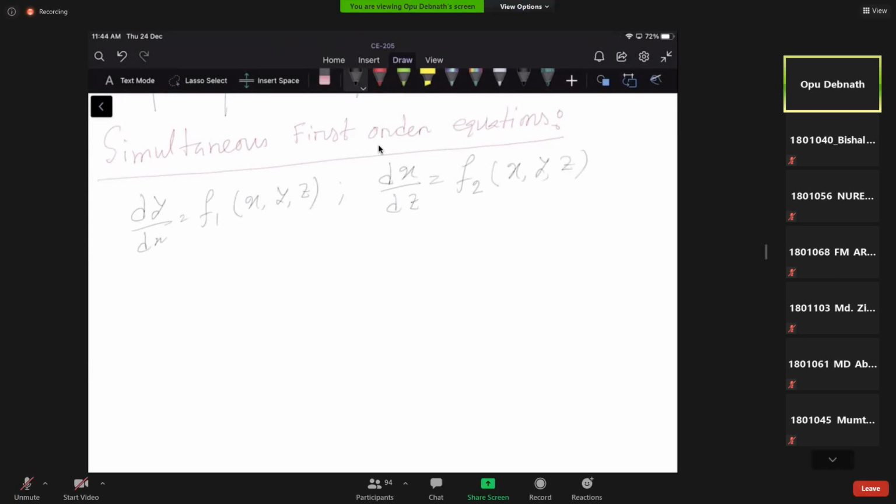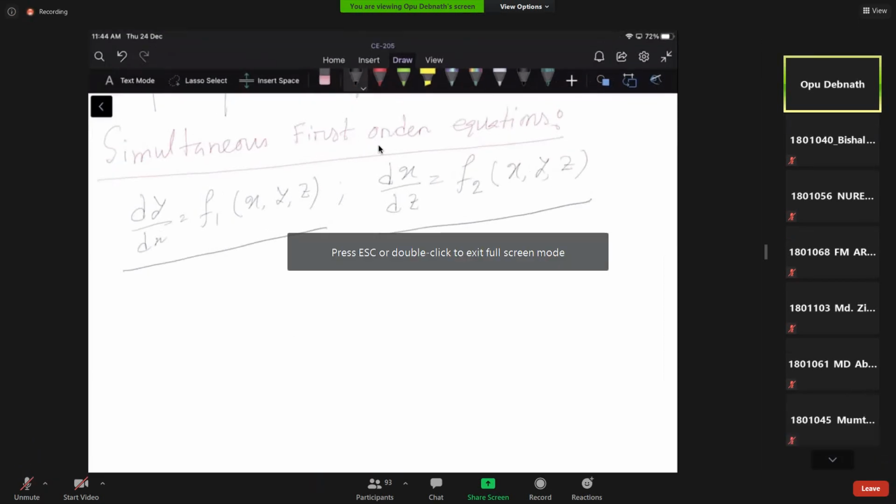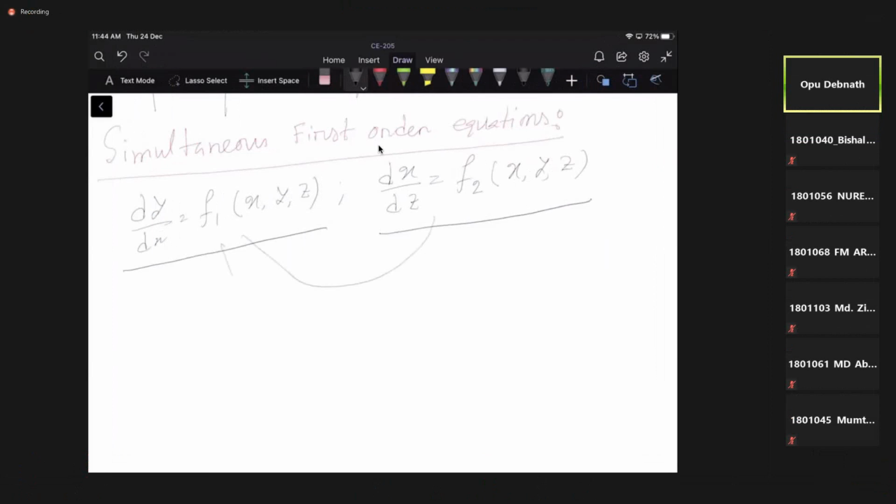Actually here are two differential equations. First one is a first order differential equation, and this is also a first order differential equation, but for these two equations there is a link up, that means one depends on another.